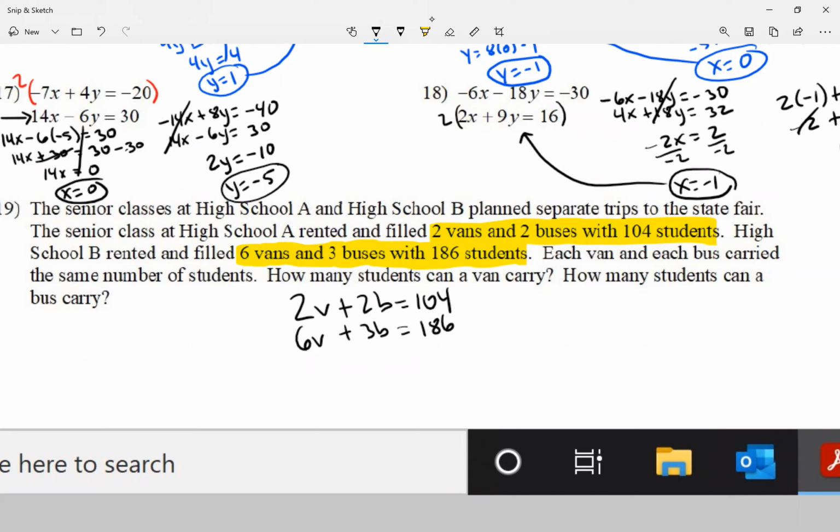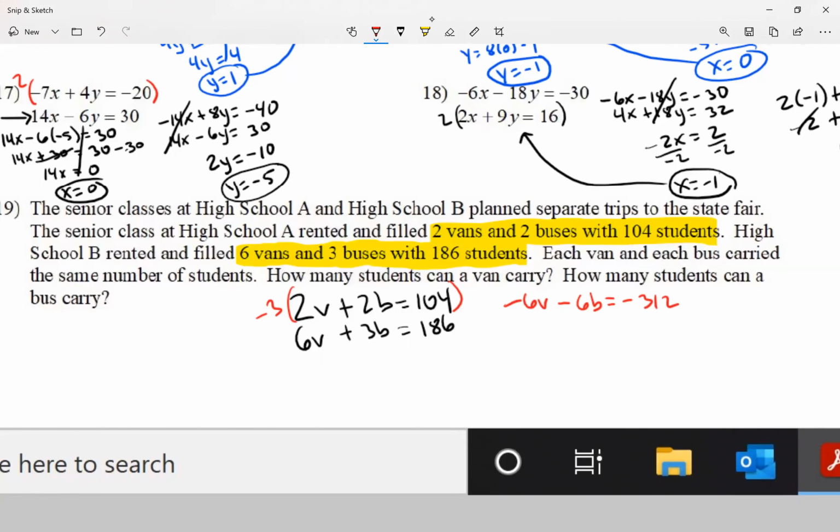Okay, so I'm going to try to cancel out the V's, the vans. Let me multiply the first one by a negative 3. So that's going to give me negative 6v minus 6b is equal to negative 312.